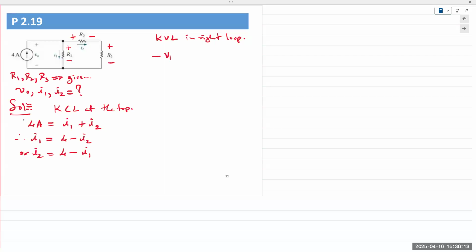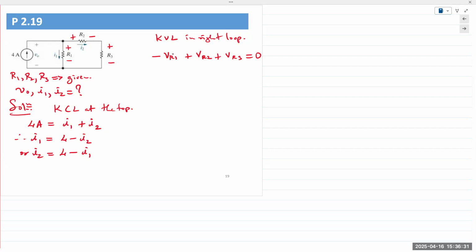So I can write minus VR1 plus VR2 plus VR3 is equal to 0. Again, KVL you can apply with your preferred method.